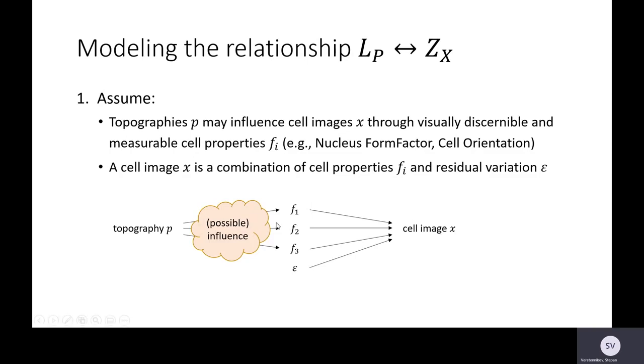So for example, if we assume that a cell image can be represented by only two factors, nucleus form factor and cell orientation, and we are interested in these factors, then all the rest of the variation, like shape, maybe some elongation, goes to epsilon, to the noise. And we model the influence of topography exactly on these selected factors of interest.